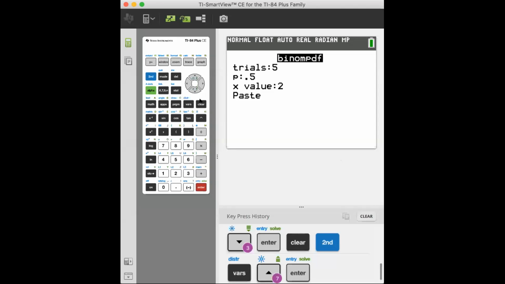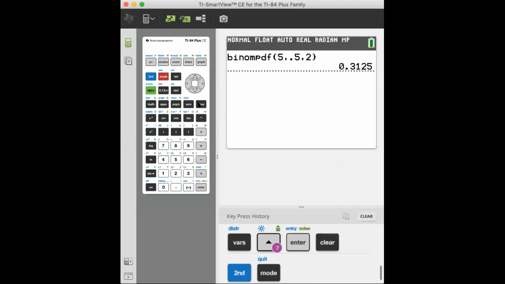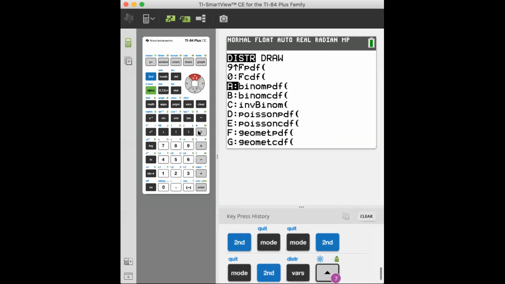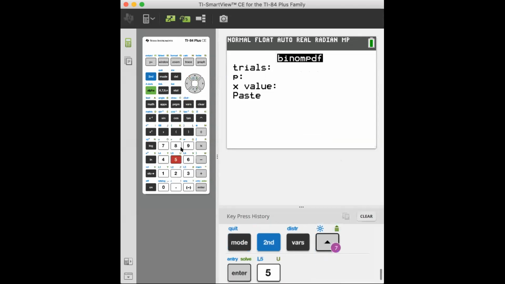So let's go ahead to our next question. It says, what is the probability that less than 2 girls will be born out of the next 5 births? Less than 2 girls means either 1 out of the 5 are girls or 0 out of the 5 are girls. So you could go second distribution and do binom PDF.